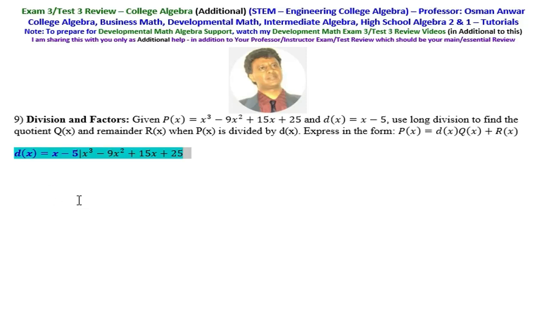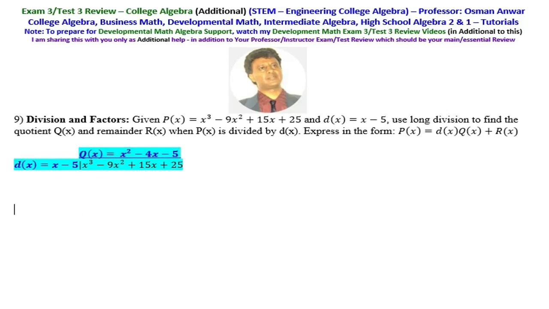So d of x is x minus 5, and the polynomial p of x is x cubed minus 9x squared plus 15x plus 25. And the q of x is, we'll find this. So take x cubed and divide by x, that is x squared, then put x squared here.